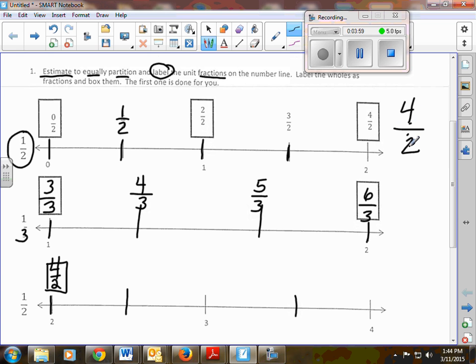So 4 divided by 2 equals how many wholes? 2 whole. Okay? We could also show this as factors. 2 is the denominator. And what two numbers multiply together to make 4? 2 times 2 is 4. That equals 1 whole. That equals 2 whole. Okay?